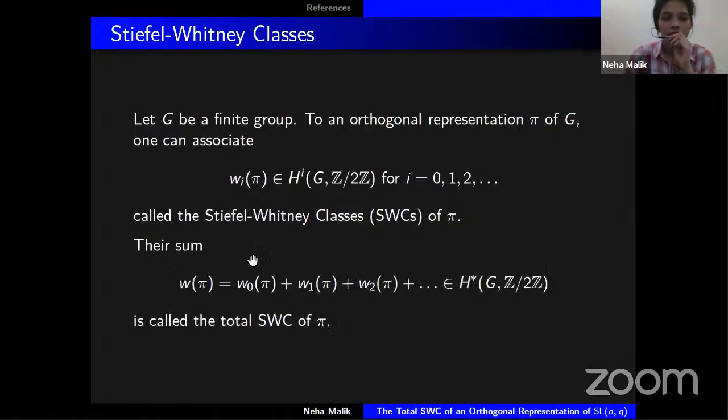If we take the sum of all these w_i(pi) and denote it by w(pi), this is an element in the cohomology ring of G, again with Z/2Z coefficients, and this sum is called the total Stiefel-Whitney class of pi. When talking about Stiefel-Whitney classes, we will only be talking about Z/2Z coefficients.